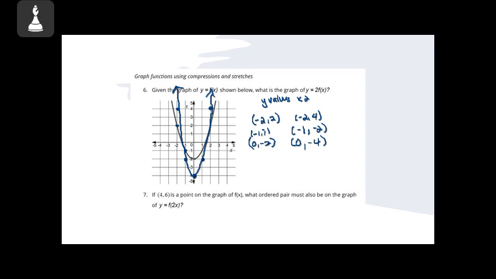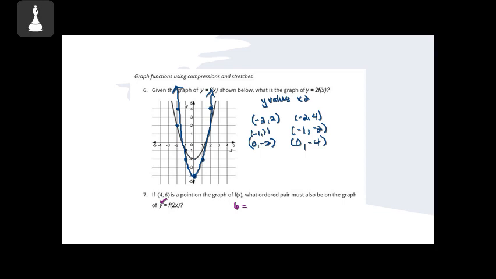So in this case, we need to think a little bit backwards. If I plug in 6 here as the y, 6 equals f of 4.